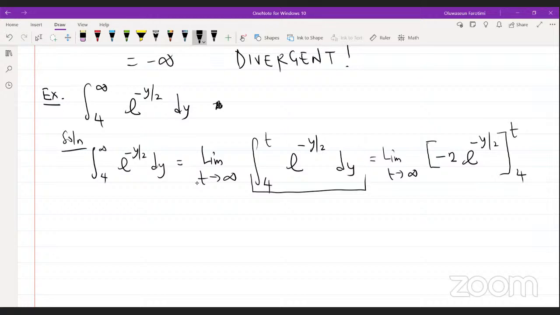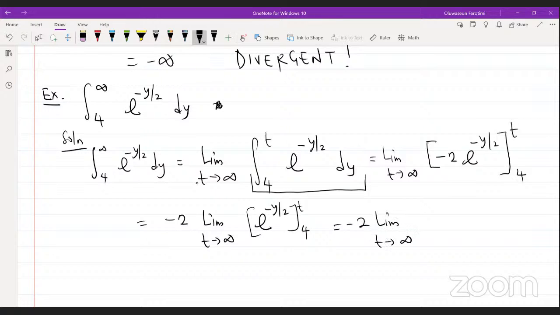Essentially, negative 2 is a constant, you can pull it out. You've got the limit as t goes large of negative 2 times e to the negative y over 2, with the bound 4 to t.